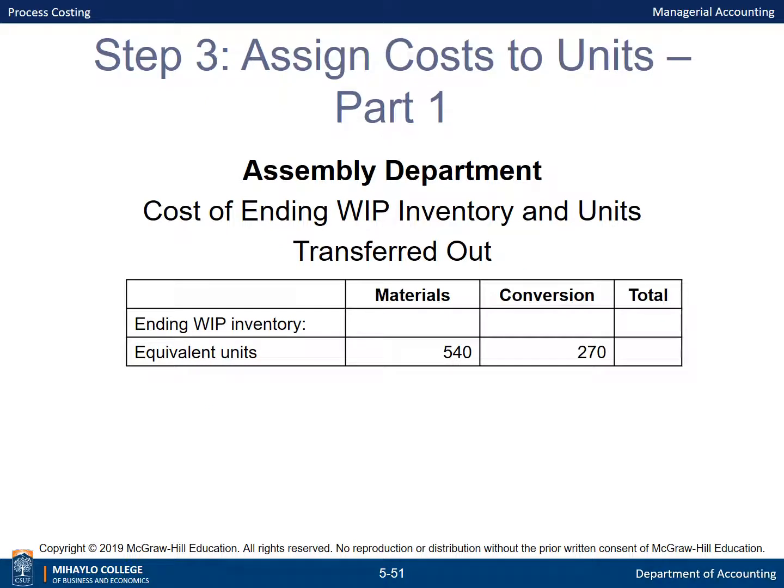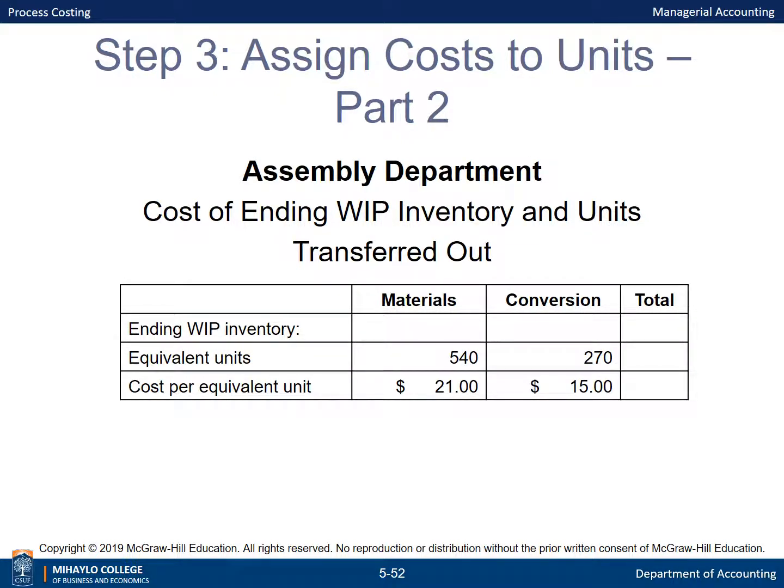The first step in assigning costs to units is to record the equivalent units of production in ending work in process inventory, 540 units for materials and 270 units for conversion. The second step is to record the cost per equivalent unit, $21 for materials and $15 for conversion.